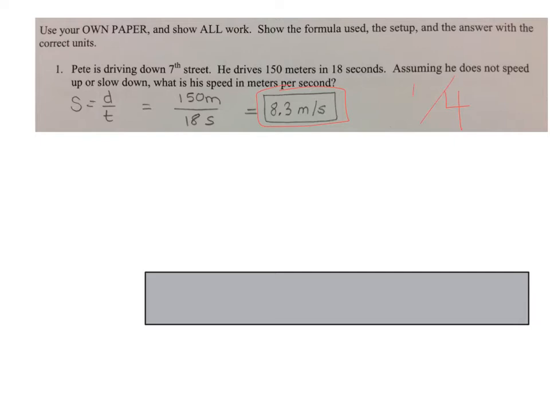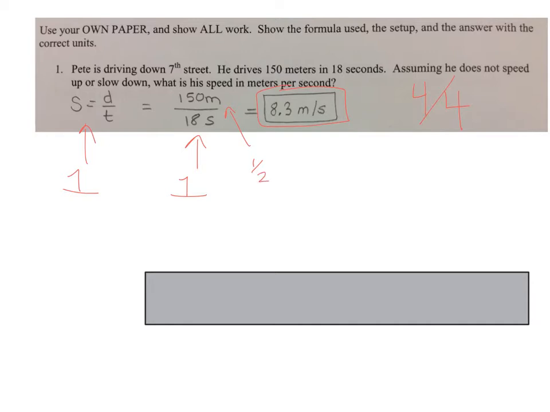To get 4 out of 4 points, you would need to have written the formula, that's 1 point, shown the substitutions you made of the numbers for the letters with the units, which is going to give you a half point.